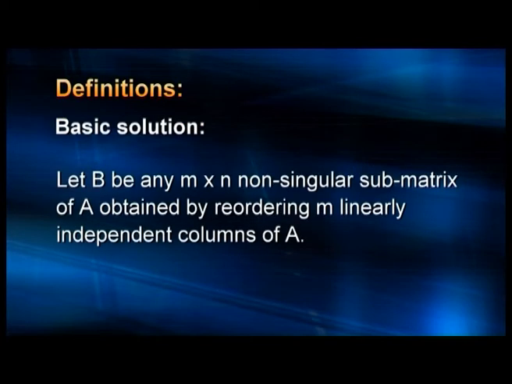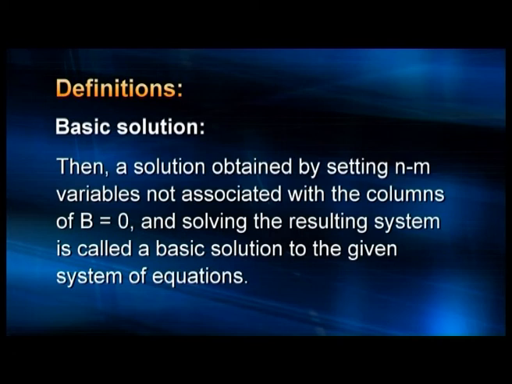Let B be any m by m non-singular submatrix of A obtained by reordering m linearly independent columns of A. Then, a solution obtained by setting n minus m variables not associated with the columns of B equal to 0 and solving the resulting system is called a basic solution to the given system of equations.